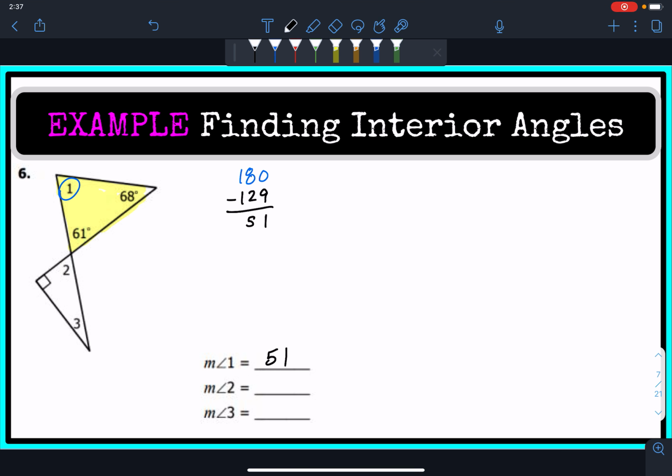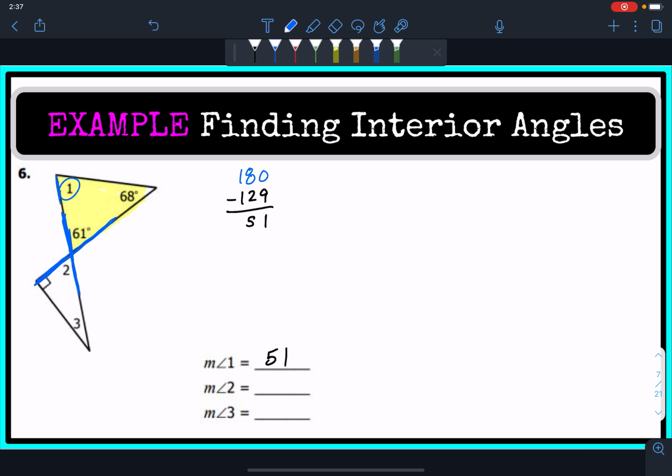And the way we're going to figure out the measurement of angle number 2 is quite simple. If you recall from our unit 1, and if you haven't seen these videos, you could go back to unit 1 and angle relationships. These two angles here are vertical angles. Angle 61 and angle 2 are vertical angles because they're created by intersecting lines.